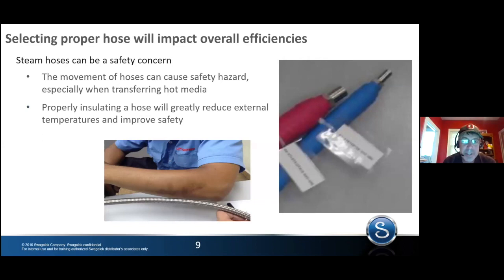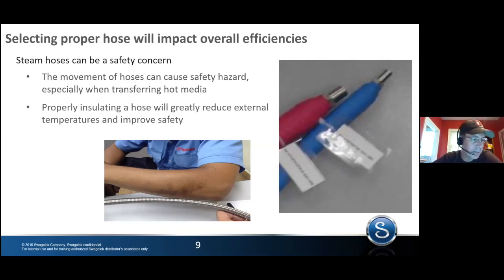Because they're touched very commonly, disconnected and connected and moved around due to their flexibility, we need to make sure that we take into account the operators that are going to be touching the hoses. And we see injuries because of touching hoses very, very commonly. Things like braid wires that I was mentioning before can scratch and cut skin.